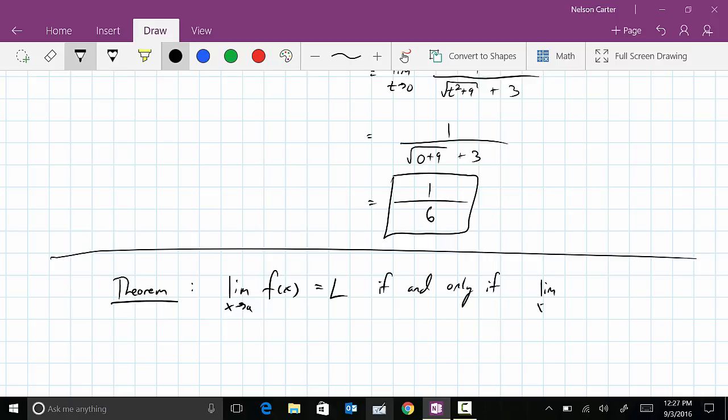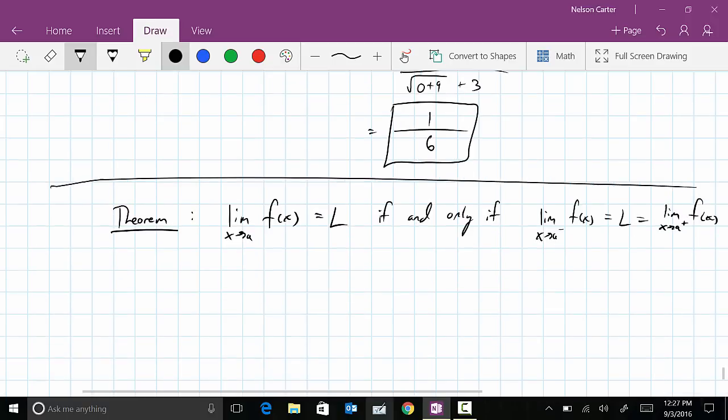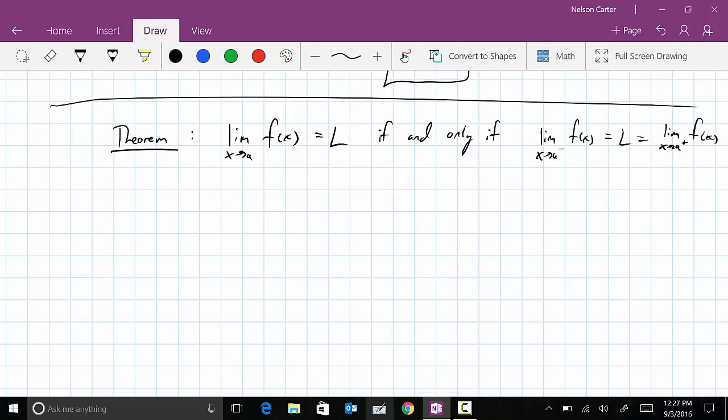the limit as x approaches a from the left of f of x is equal to the limit as x approaches a from the right of f of x, and both of them are equal to L. So in other words, the left-handed limit of f of x is equal to L, and the right-handed limit is also equal to L. So that means that the two-sided limit exists, and the two-sided limit is L. Okay, so let's look at an example here.